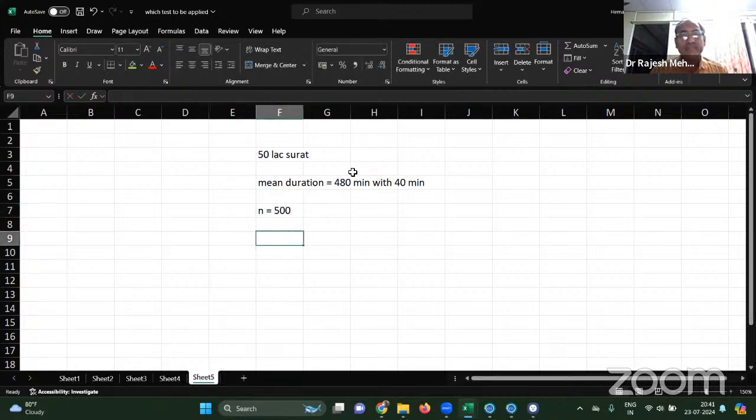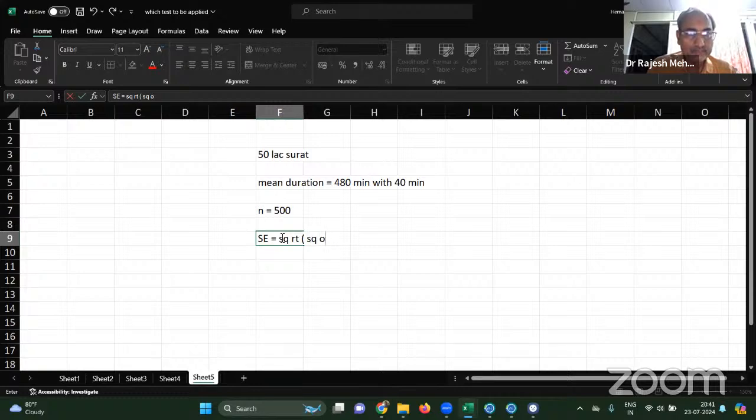Now, tell me what will be the mean duration of sleep of the Surat population based on 500. So the formula you should use is standard error of mean equals square root of SD square divided by n.